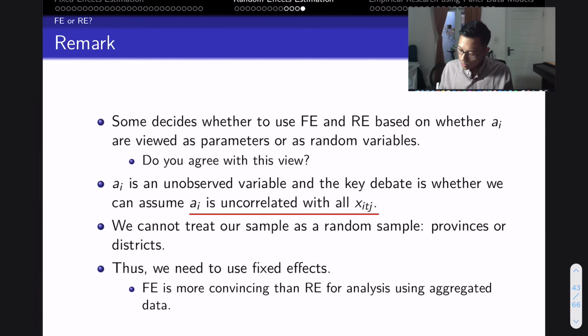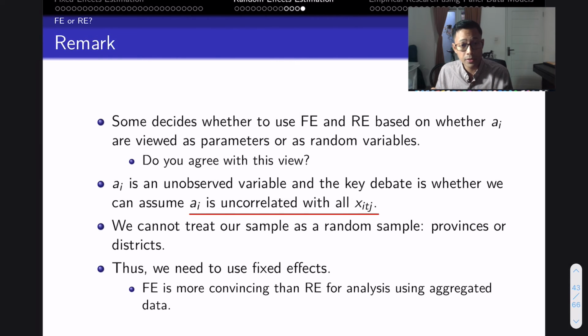Okay, so in another case, we cannot treat our sample as a random sample. For example, if you're looking at fixed effect at the province level, or panel data at the country level or the district level, our sample is not a random sample.